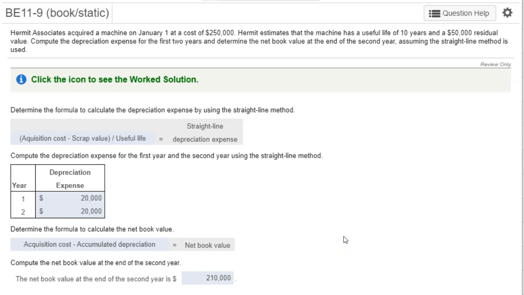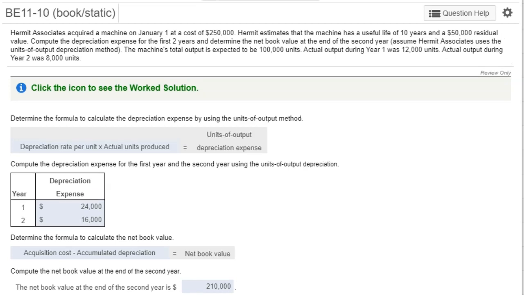Now let's look at the next method. This method is called the units of production method, and there are 2 formulas we need to keep track of. The first formula gives us the rate that we need. So what we're going to do is similar to the straight line method. We're going to take cost minus the residual value. 250 minus 50, we have 200,000 in our numerator.